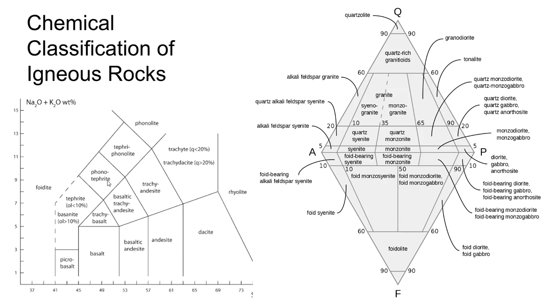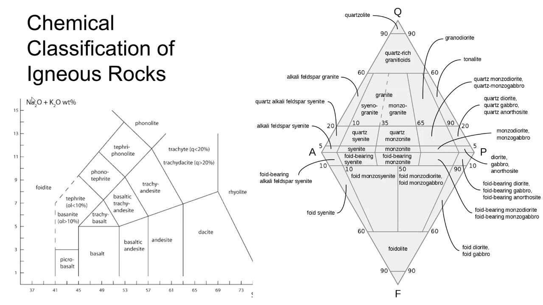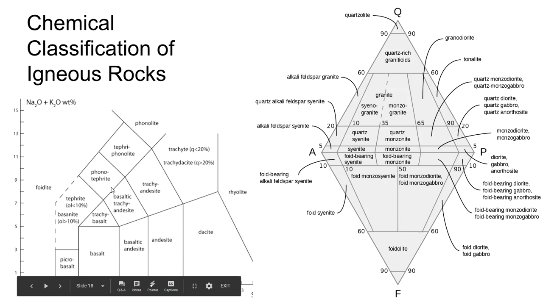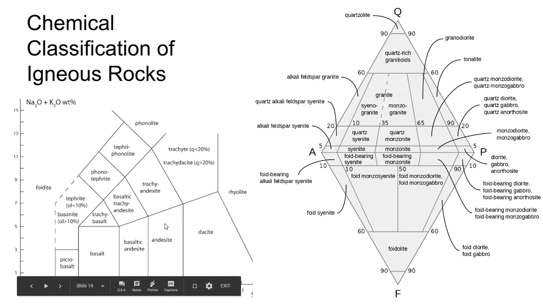Once you know the silica percentage and the combined percentage of these two species, you're able to plot it somewhere around here. This is mostly for volcanic rocks, or extrusive rocks, the rocks that are on the surface. So, basalts and andesites and rhyolites and so forth.